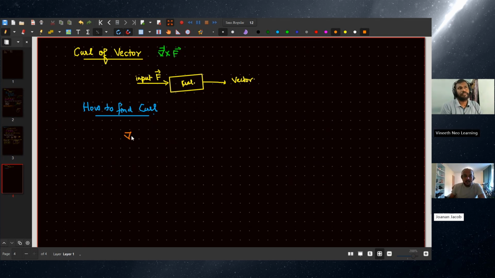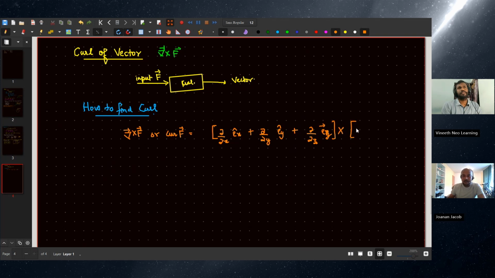We can write del cross F, or curl F, which is the cross product of dou by dou x in the x direction, plus dou by dou y in the y direction, plus dou by dou z in the z direction, cross Fx ex plus Fy ey plus Fz ez.